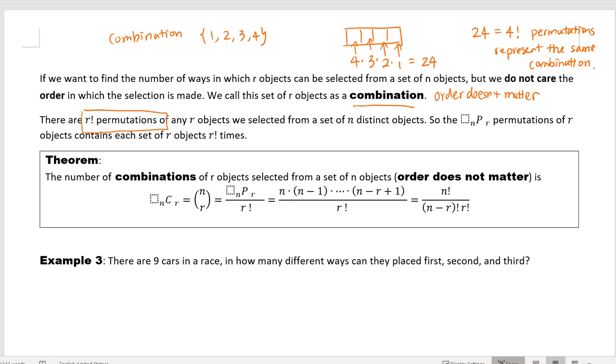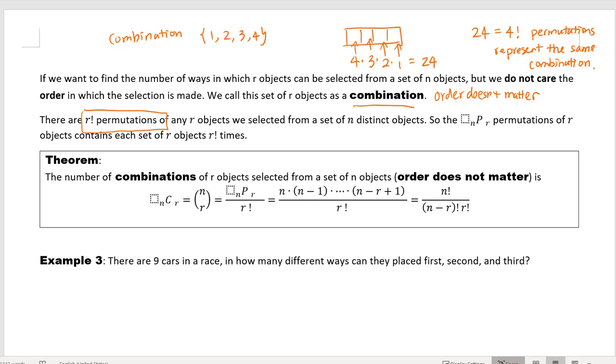So there are R factorial permutations of the R objects we select from a set of n distinct objects. The permutations n choose R of R objects contain each set of R objects R factorial times.